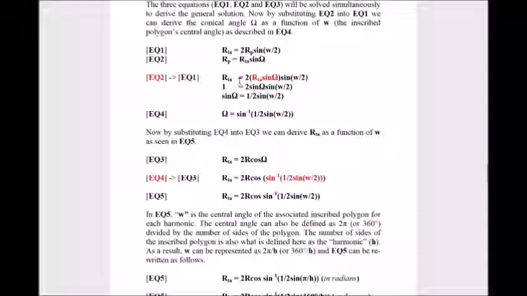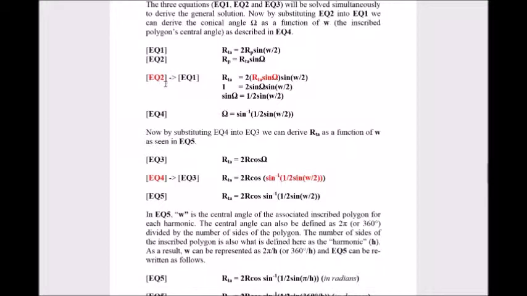Now that we have these three equations defined, we can solve these simultaneously in the following fashion to come up with the general solution. I'll go through this somewhat quickly, but you can pause the video at any time to take a look at what I did here.